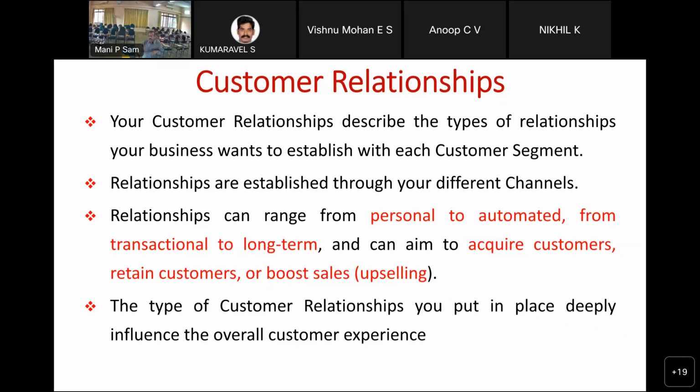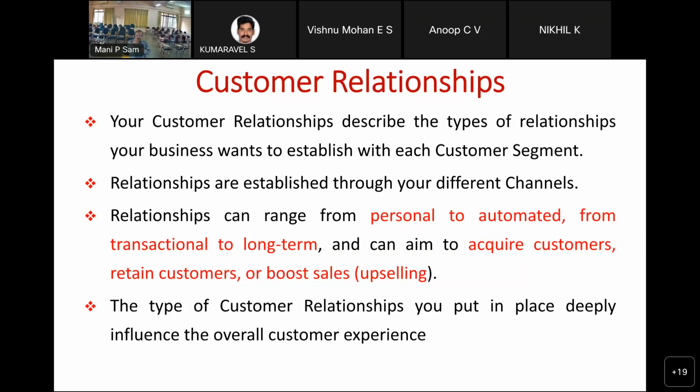If you are running a shop in a railway station or an airport, your relationship with the customer is normally transactional, not long term. Whereas if you are a B2B supplier of an important raw material, or you supply software which helps the customer enhance his optimization of supply chain and things like that, it's a long-term relationship.